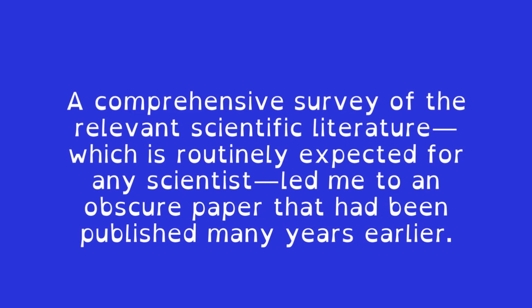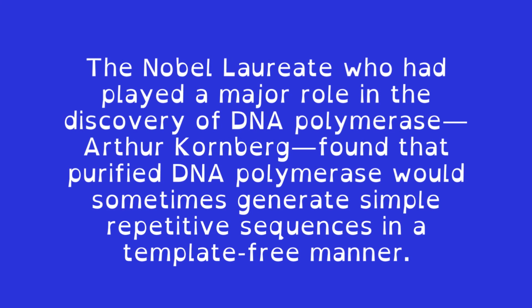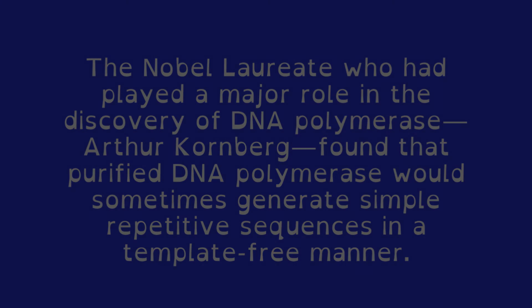A comprehensive survey of the relevant scientific literature, which is routinely expected for any scientist, led me to an obscure paper that had been published many years earlier. The Nobel laureate who had played a major role in the discovery of DNA polymerase, Arthur Kornberg, found that purified DNA polymerase would sometimes generate simple repetitive sequences in a template-free manner.